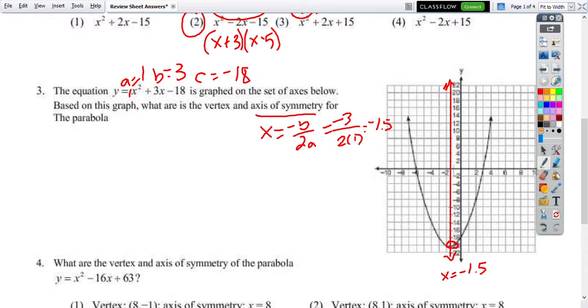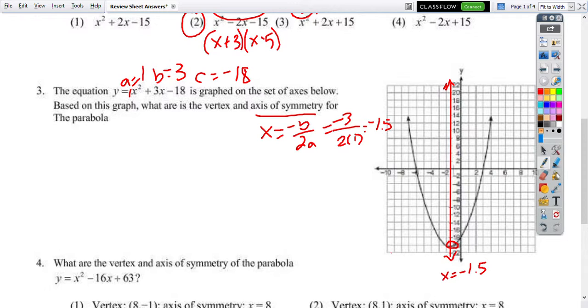By the way, if you hold Alt and press Tab, that lets you switch between windows on the computer. All right, and we want to do menu, analyze graph, and this time it's a minimum because it's concave up, and we can get our point. So we know that that's our vertex, and that x coordinate, that -1.5, is the axis of symmetry.